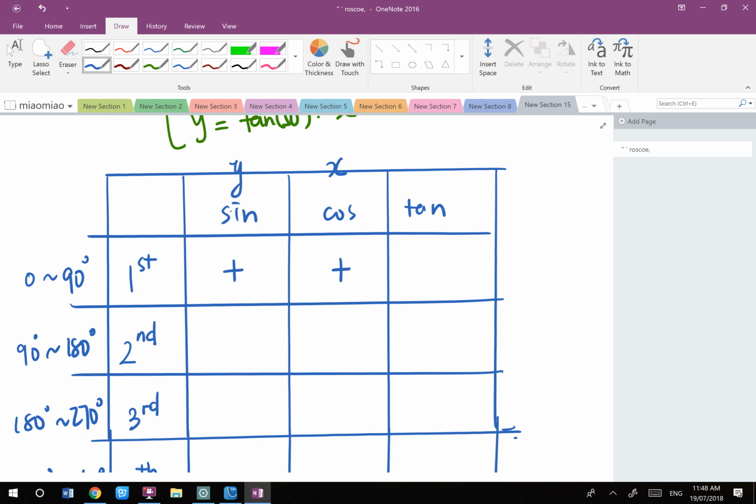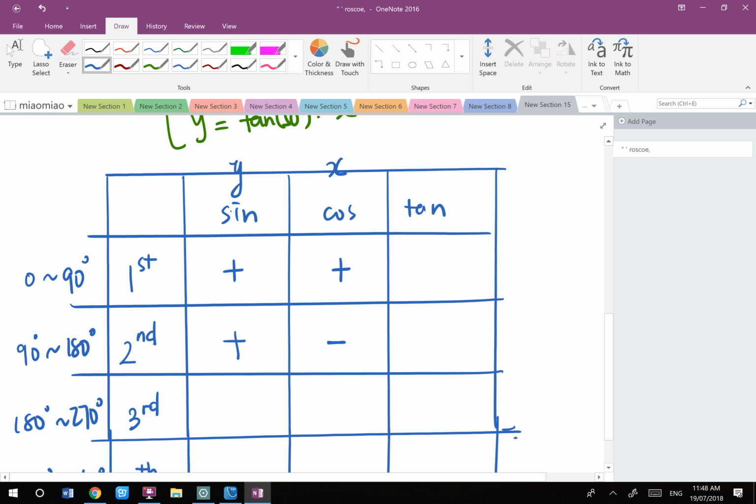Let's think about the angle in the second quadrant. What is positive, what is negative? In the second quadrant, x is negative, y is positive. So you will have this.